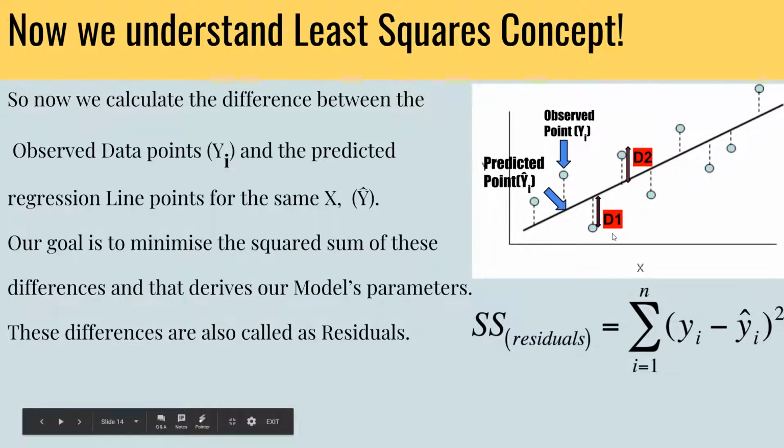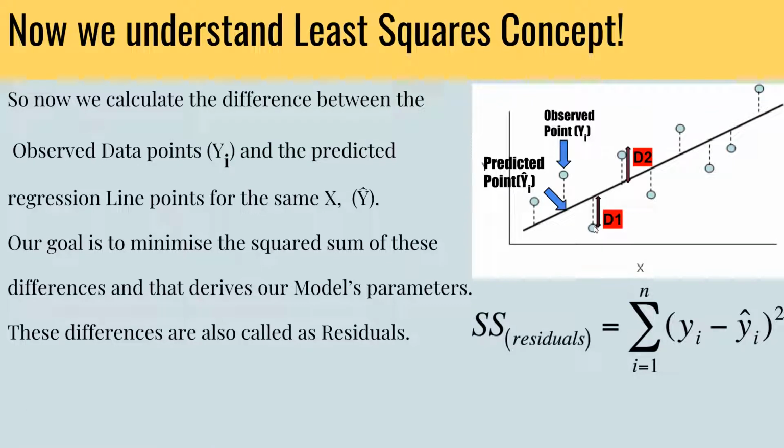Analyzing and looking at it visually, we can see that this is our original data point, or our observed data point yi. And let's assume that this is our regression model. This is our regression line which we are going to use to predict values. Now the point where the line passes through, perpendicular to the x-axis from the data point, is called the predicted yi cap. So this is our observed point and this is our predicted point for the data set.